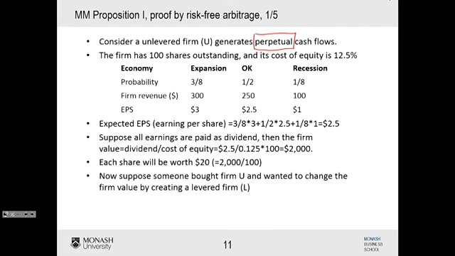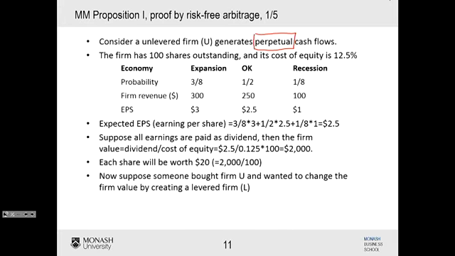If the economy is okay, the cash flow generated is slightly lower, $250. And if it is in recession, the firm generates $100, which is the lowest among the three. That's also very reasonable, right? High cash flow in the expansion, medium cash flow when the economy is okay, and the lowest cash flow when the economy is in recession.